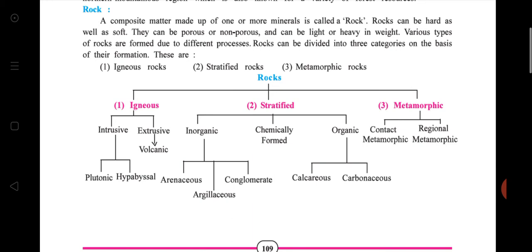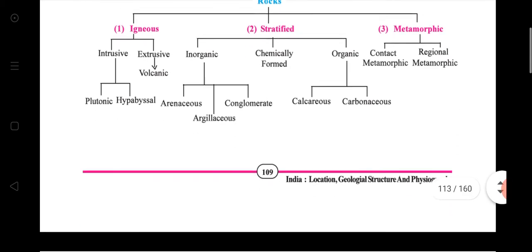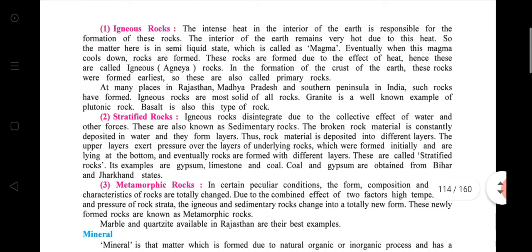Then also the subtypes of these three, like intrusive, extrusive, inorganic, organic, chemical, contact, regional, plutonic, volcanic, etc. Then these three types of rock we have studied in detail, right?